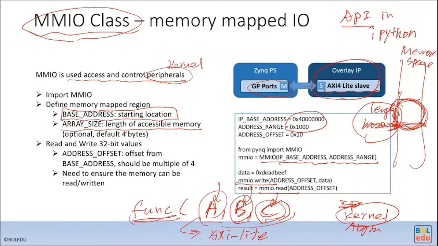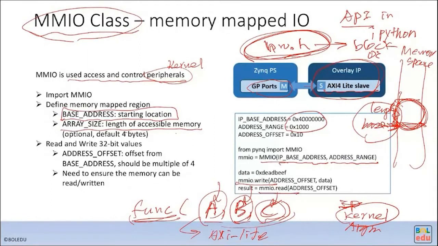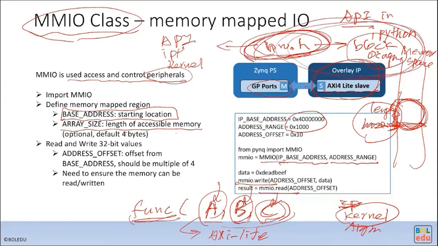As I said, you use the hardware HWH, the hardware header file information. When you generate the IP, you generate the HWH file, and the HWH file will be read by the IPython API, which links with the block design. That's how you link them all together. I will explain this part in the later slides.